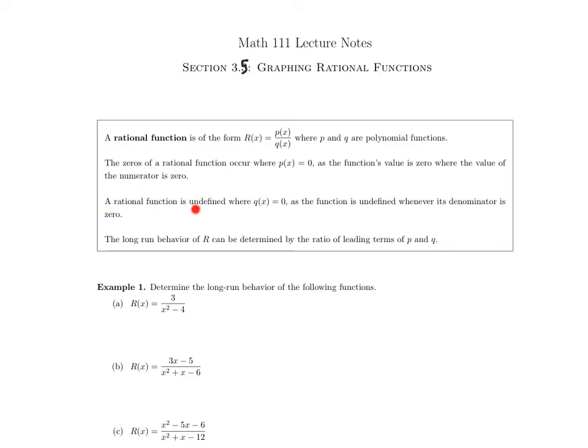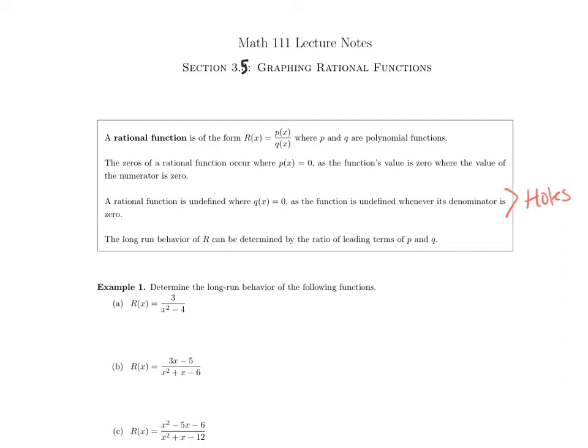And a rational function is undefined when q of x is equal to 0, or the denominator, as the function is undefined whenever its denominator is 0. The only exceptions to these, when it's not a 0 in the numerator, is going to be when we are talking about holes.